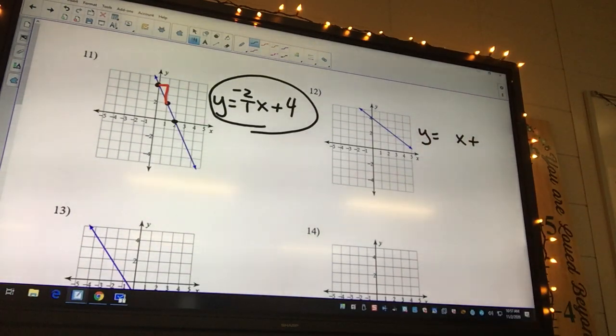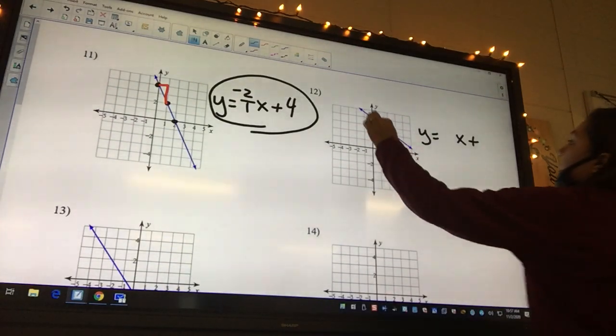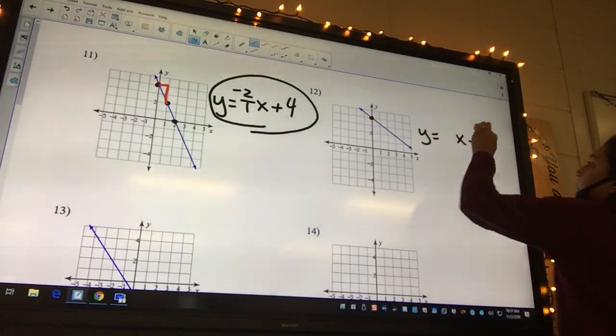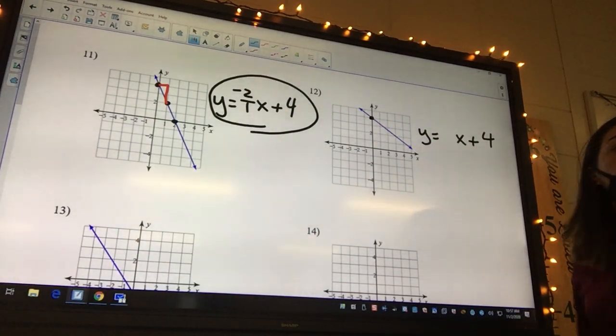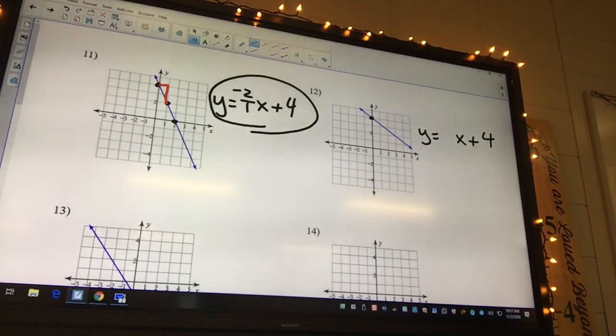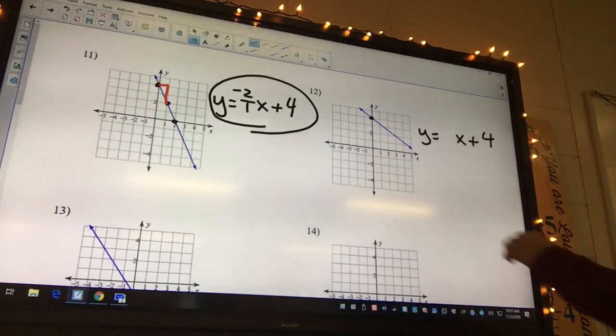Okay, look at 12. What did we find first? The y. What is it? 4. 4. And then we need to find the next closest point. Find it. Okay, it's going to be right here.